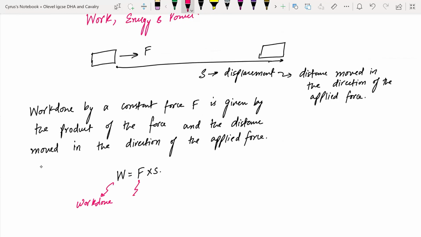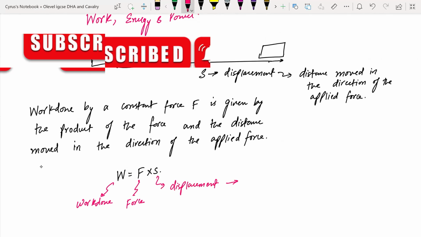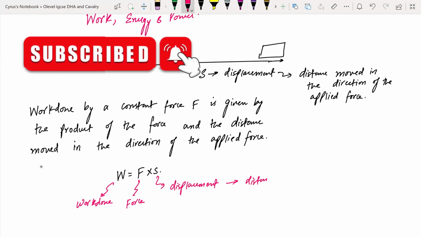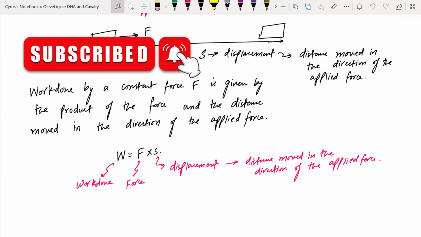Here F is the force. This S is what we call the displacement. Okay, this is the distance moved in the direction of the applied force. This is the work done, force into displacement.